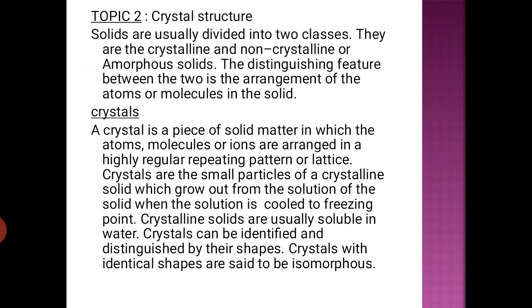Let us look at it. A crystal is a piece of solid matter in which the atoms, molecules, or ions are arranged in a highly regular repeating pattern or lattice. If you don't want to call it pattern, you can call it lattice.